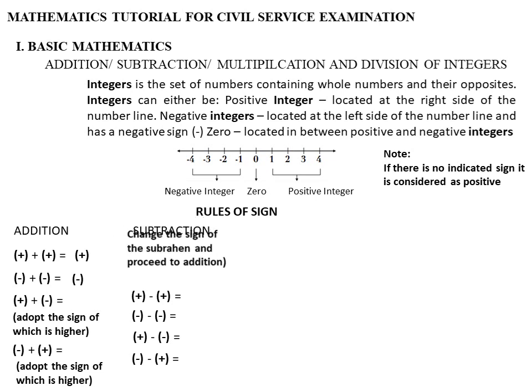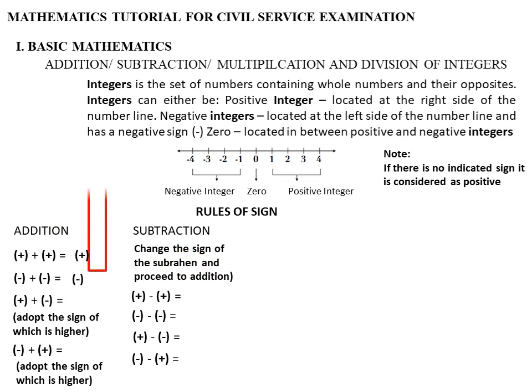So if we proceed to subtraction, we have a hint: change the sign of the subtrahend and proceed to addition. But what is the subtrahend? The first number is what we call the minuend, and the second number is called the subtrahend. So let's perform this hint.